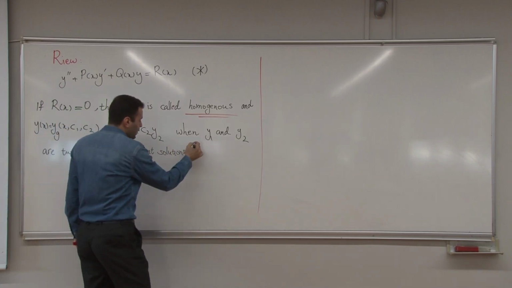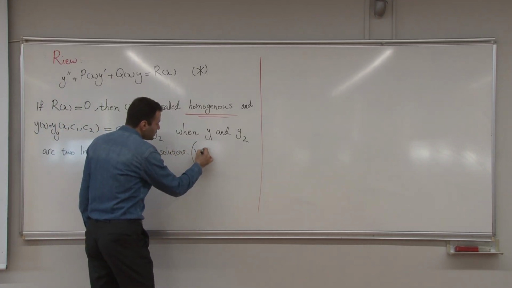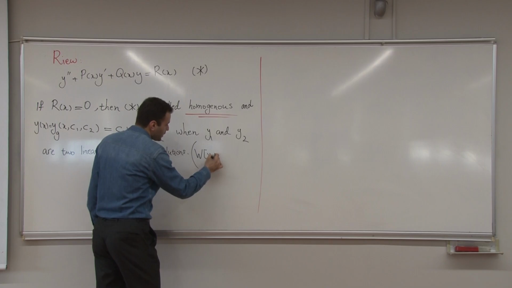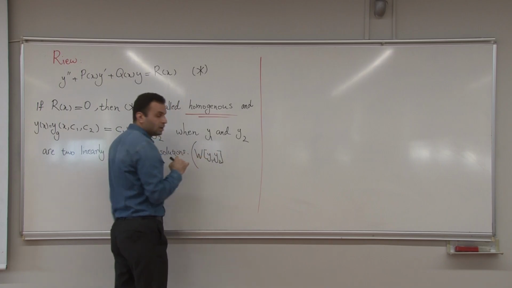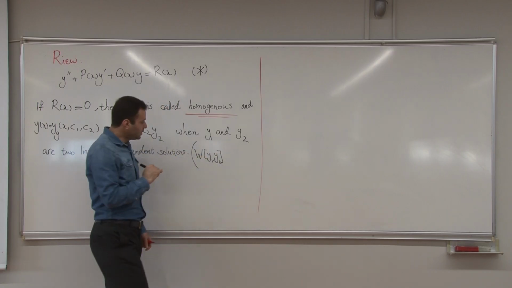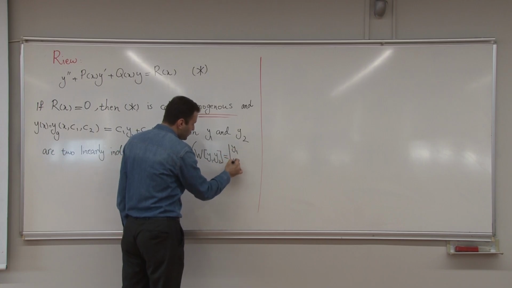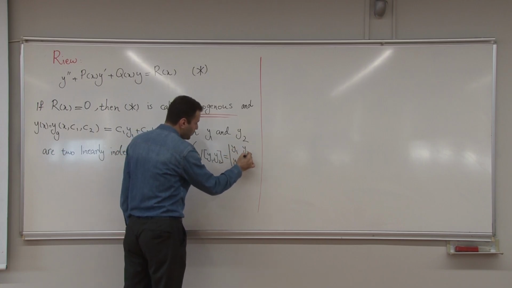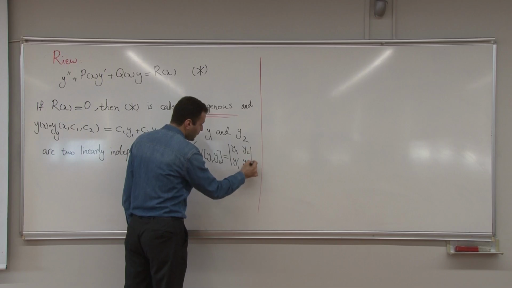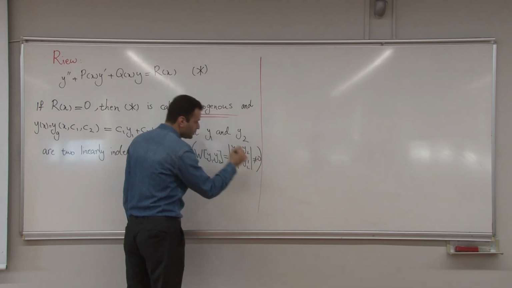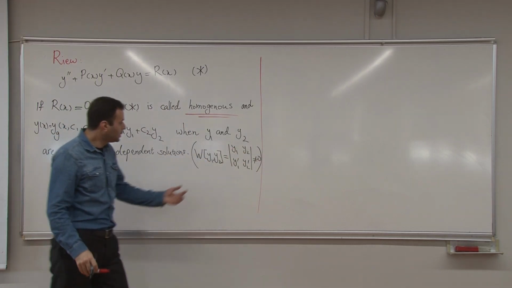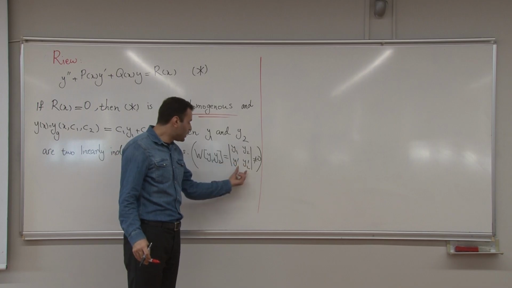Or, we can say that their Wronskian is not equal to 0 when they are independent. It is defined as the determinant of y1, y1 prime, y2, y2 prime. Is it the determinant or just the matrix? The determinant of this 2 by 2 matrix.